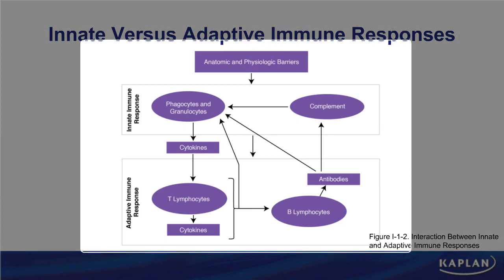As an example of this, notice that within the innate immune response, we have phagocytes such as macrophages or dendritic cells that are going to produce cytokines. These cytokines will act upon the T lymphocytes of the adaptive immune response, and in turn, the T lymphocytes will produce cytokines.